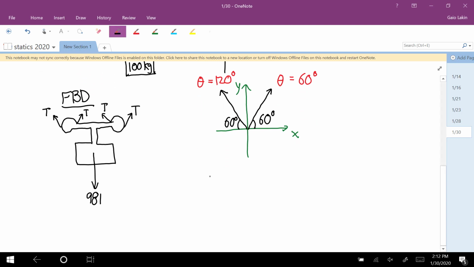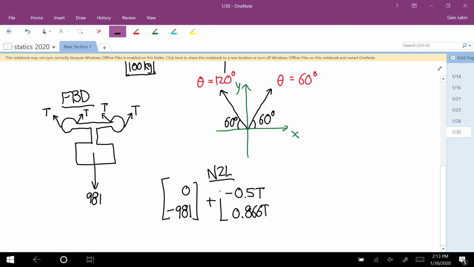And so Newton's second law says 0 equals negative 981 plus T times cosine and sine of 120. So that is negative 0.5 T, positive 0.866 T. And there's two of those.